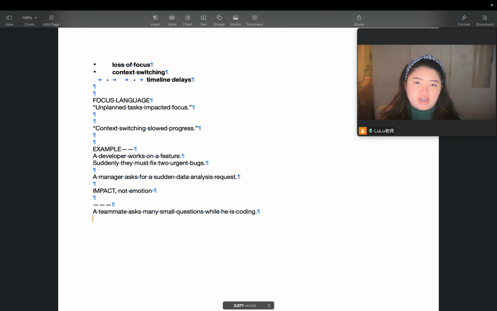Yes, you can ask for higher salary. That's one possibility. But sticking to the class structure, you would say something like, frequent context switching is slowing down the process. And you can also say it's slowing down your progress.